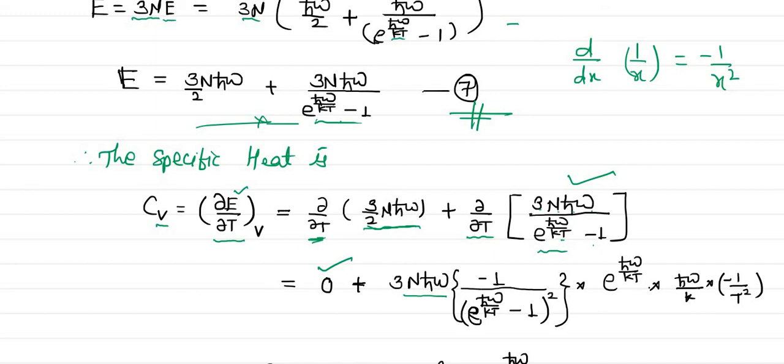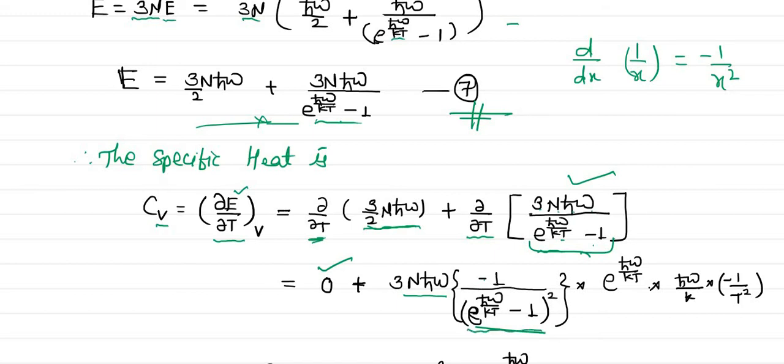Let us consider this as x. The derivative of 1 by x is minus 1 by x square, so it is minus 1 divided by this bracket square. But this is not the end. By the chain rule we have to take the derivative of this bracket also.